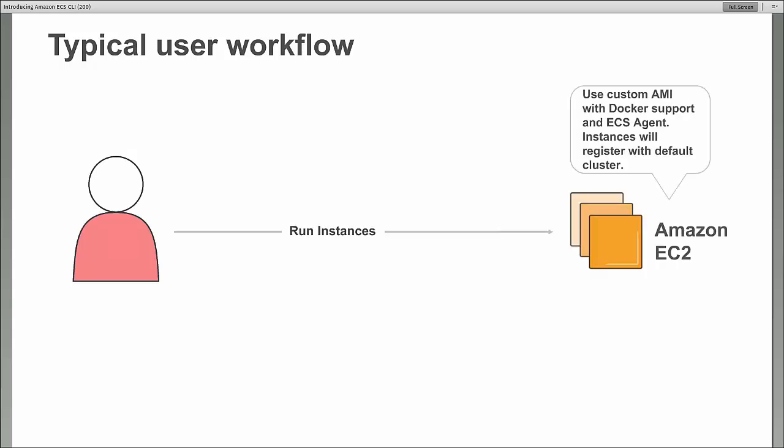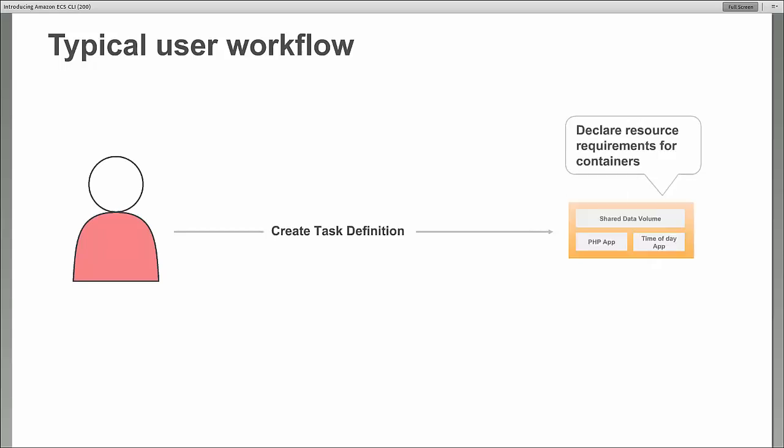You're going to first get your EC2 instances provisioned into the ECS cluster, and typically this is done with an auto-scaling group. Once you have the capacity that you can run your Docker containers on, you want to define the task definition. Again, that task definition might be one or multiple containers that are scheduled together.